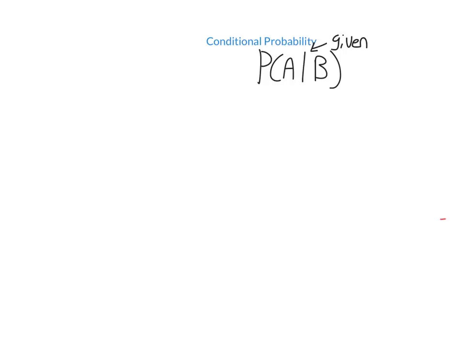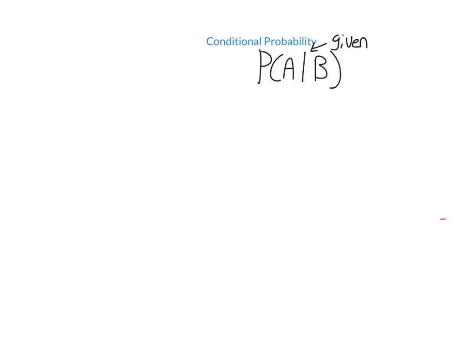Another example could be your maths grade. You have a higher chance of getting an A for the semester if you did well in your first test. So the probability that you get an A in maths given that you did well in the first test is higher than the probability that you will get an A in maths.